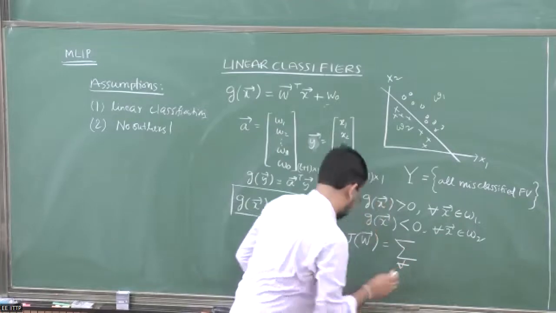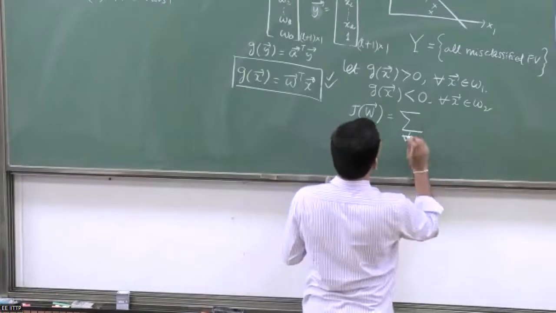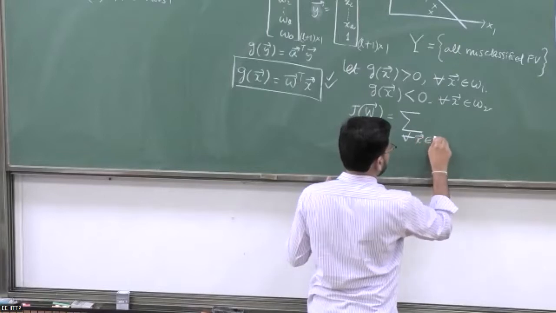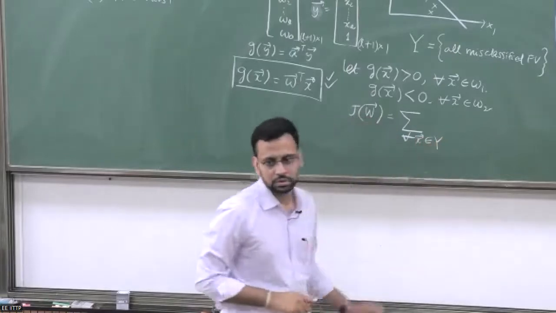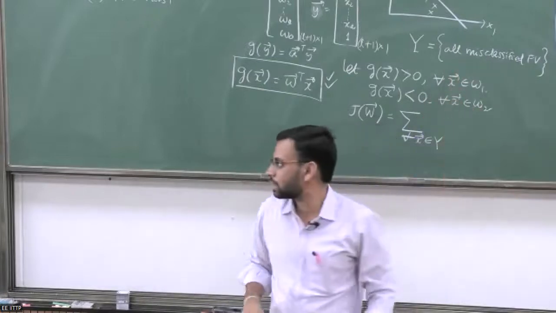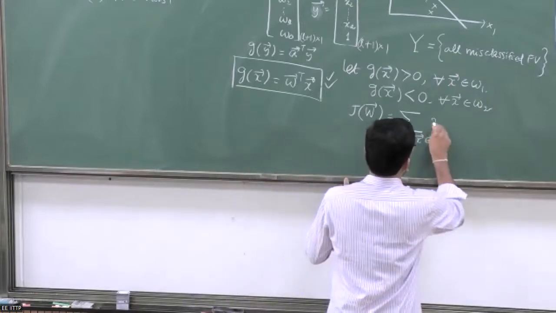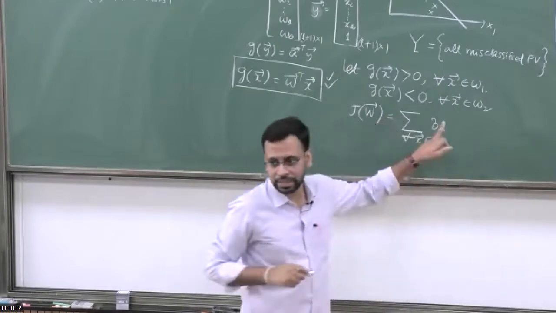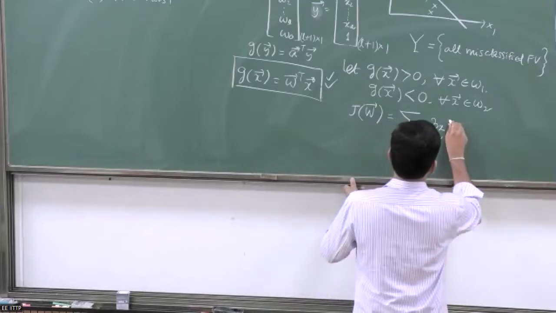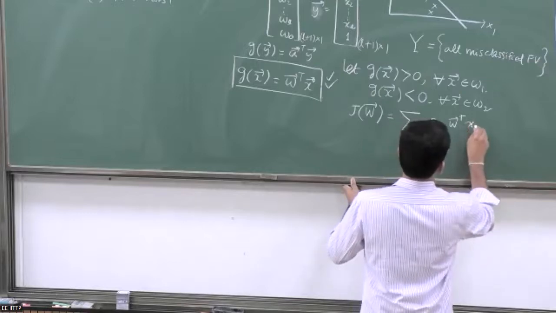For all x bar that belong to y, so I'm considering this is my set of all misclassified vectors. For all x bar that belong to this set, let me put here delta x, which I will explain shortly, times w bar transpose x bar.